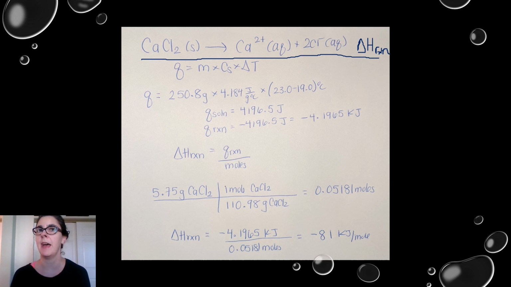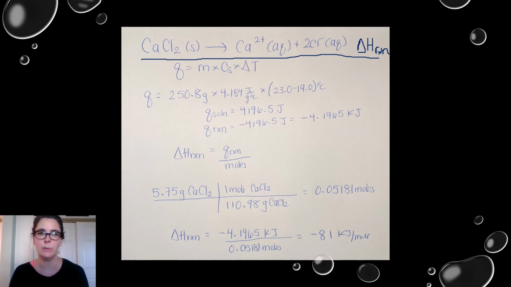Okay, so it's going to be the mass of the water plus the mass of the calcium chloride that we dissolve into it. So we add the 245 plus the 5.75, we get 250.8 grams. Okay, so they told us to use the specific heat of water. So we have 4.184 joules per gram degree Celsius, and that's multiplied by our difference in temperature.